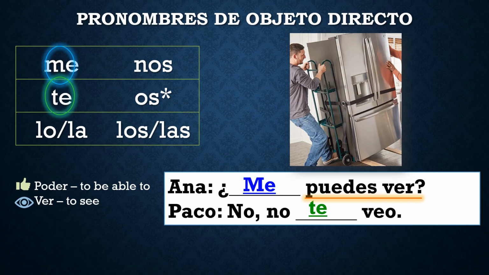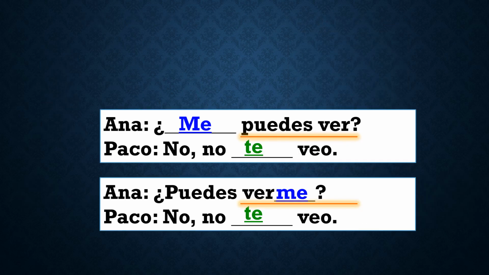One way we could say it is me puedes ver, but we could also put that me right on to the end. So another way to ask the same question would be ¿puedes verme?